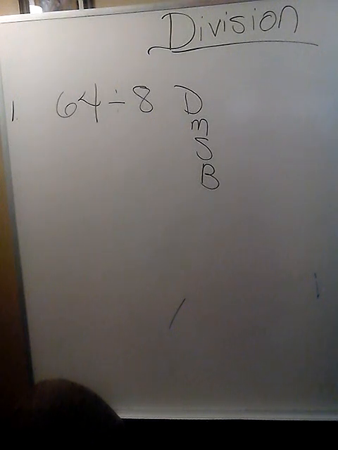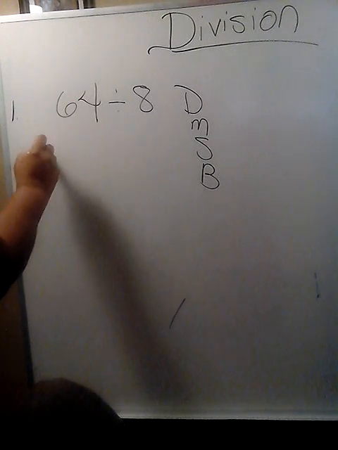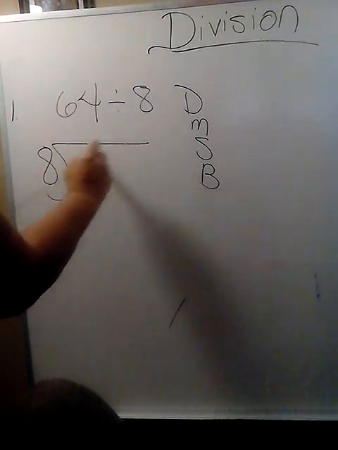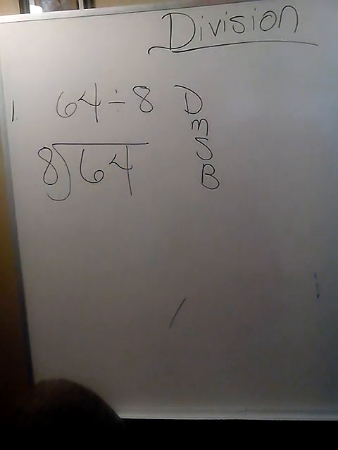And when we use the long division bar, because that's what we're learning, long division, the divisor always goes on the outside and the dividend always goes on the inside. So now we have 8 on the outside, that's our divisor, and 64 on the inside, that's our dividend.